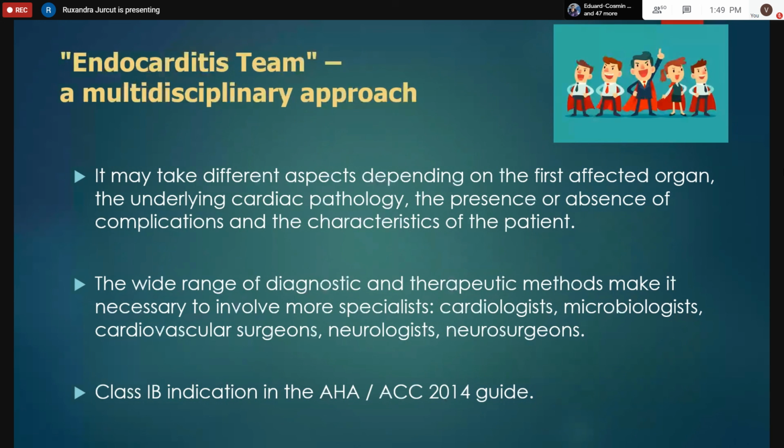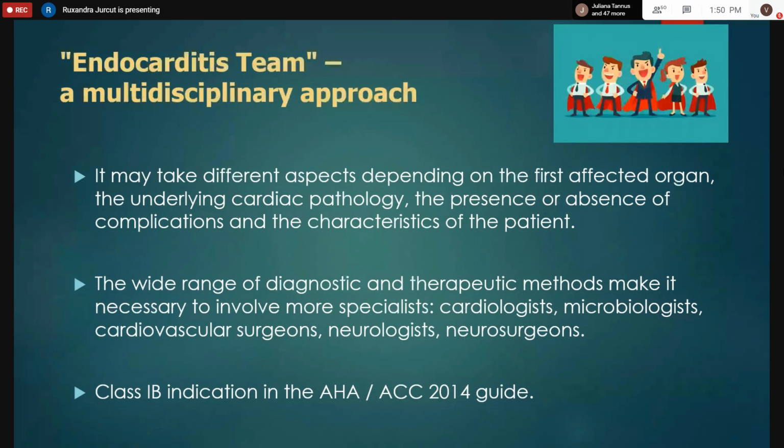Because together with the cardiologist, in close collaboration should work the microbiologist for the lab, for the hemocultures, the infectious disease doctor, a cardiovascular surgeon, because often patients get to cardiac surgery, and neurologists and neurosurgeons, if there are cerebral complications like mycotic aneurysms, mycotic cerebral abscess, or cerebral intracranial hemorrhage.